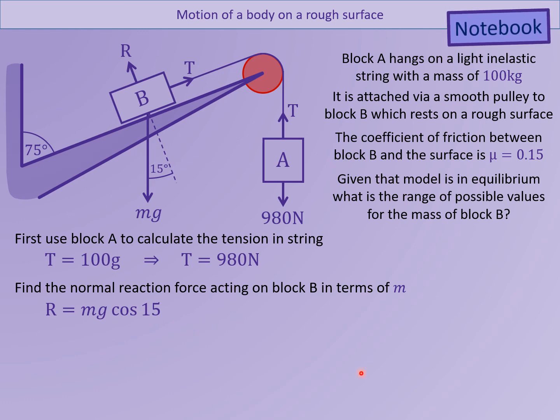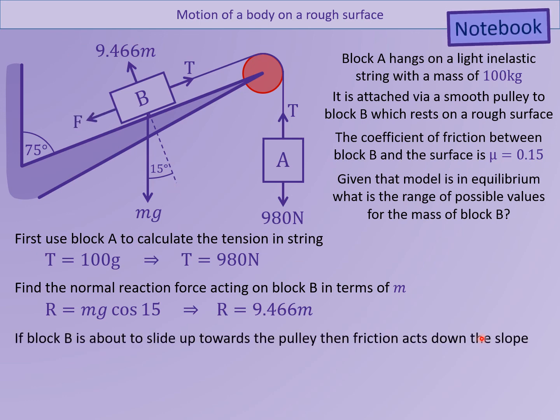It would have got you the same. So we've got our R value. So R equals 9.466 m. That's us calculating what the normal contact force is. And all of these things are exactly the same. We're not even considering friction yet. We're not considering what's happening to B. We're just getting down the information that we definitely know.